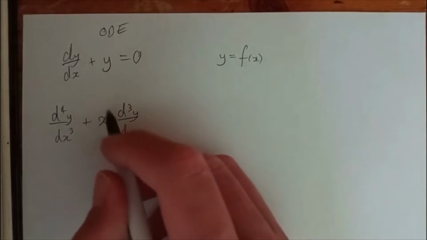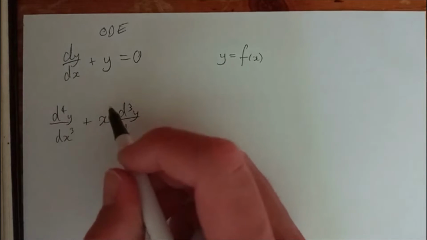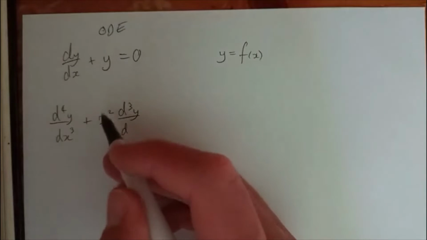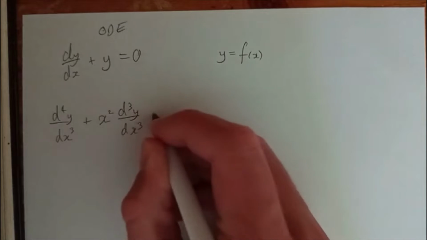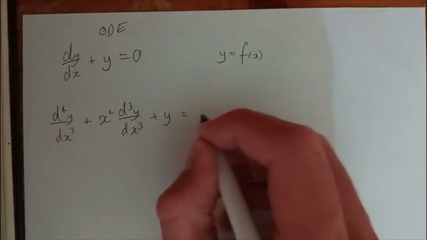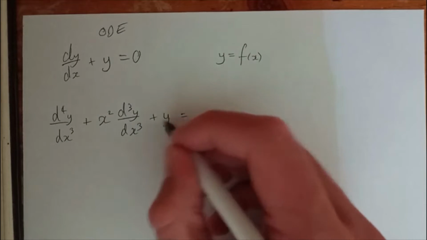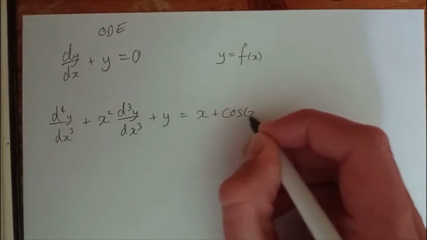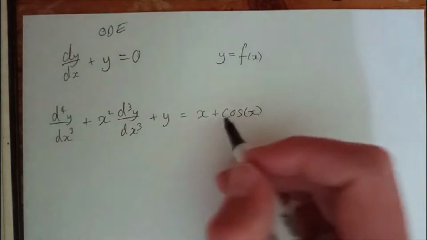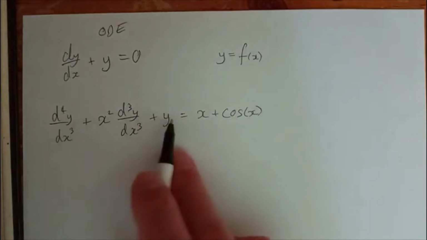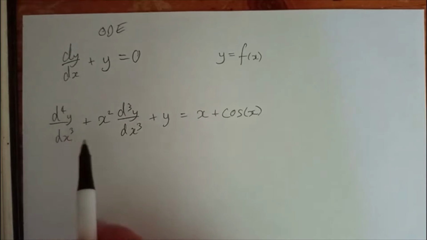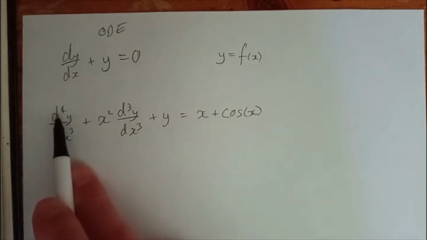And the coefficients don't have to be constant either, they can be some function of the independent variable, x in our case. Plus y equals, and we can have some other terms involving x or constants here as well. So we might put this function here, x plus cosine of x. So this one here is a fourth order differential equation because its highest derivative is a fourth derivative.